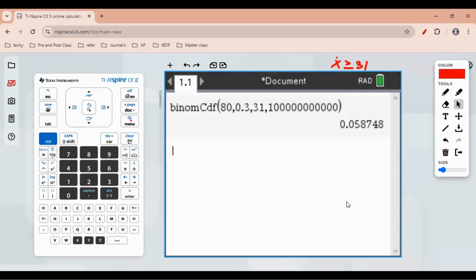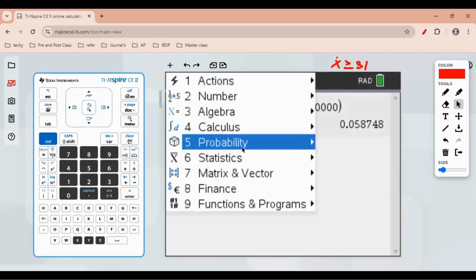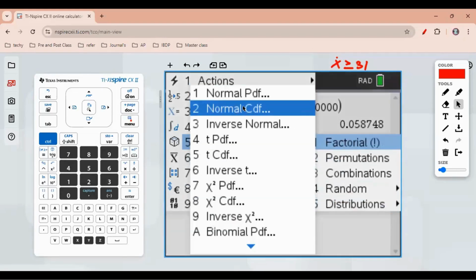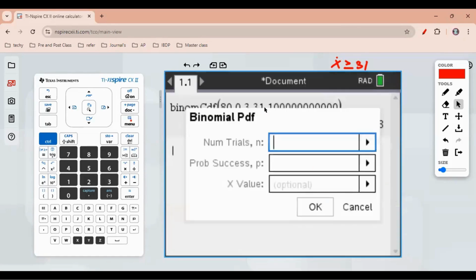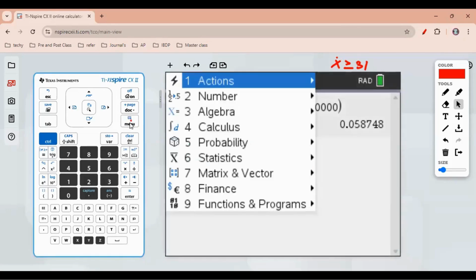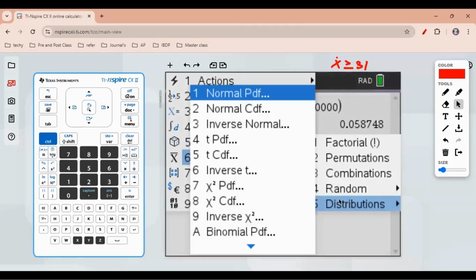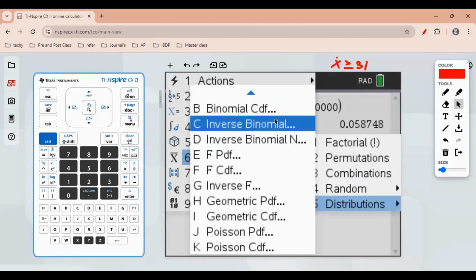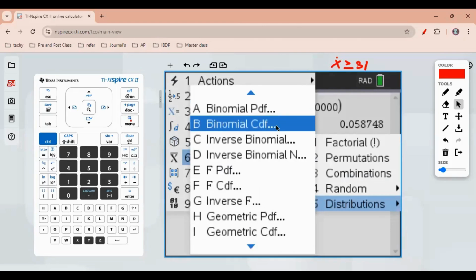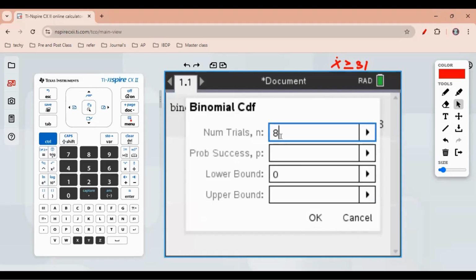I have to choose CDF. Okay, so 80 trials, success is 0.40. And we are solving here for x less than 31.